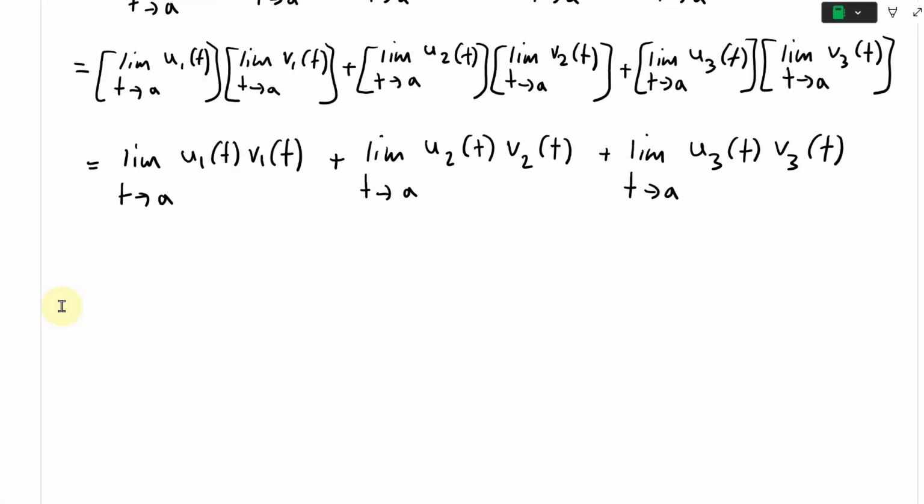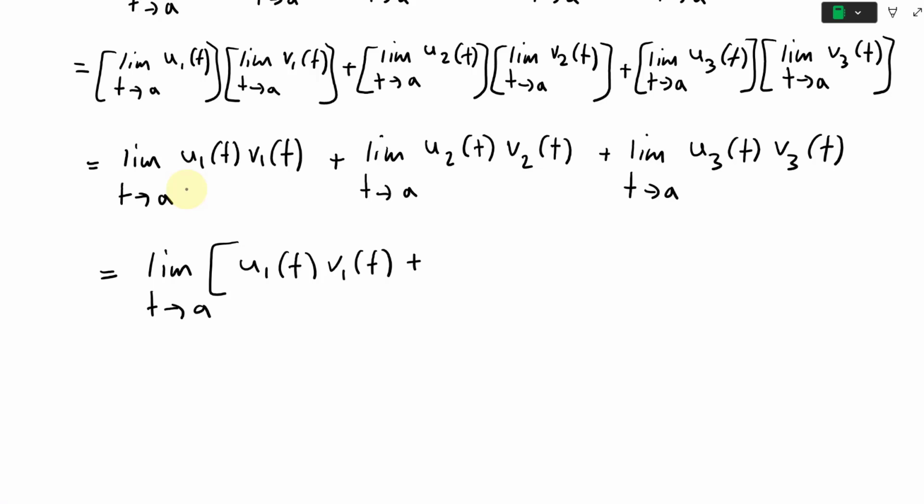And then what ends up happening here is another limit law, the limit law of addition. We just take all the limits out. So limit as t approaches a of a big giant u1 of t v1 of t plus u2 of t v2 of t plus u3 of t v3 of t, like that.